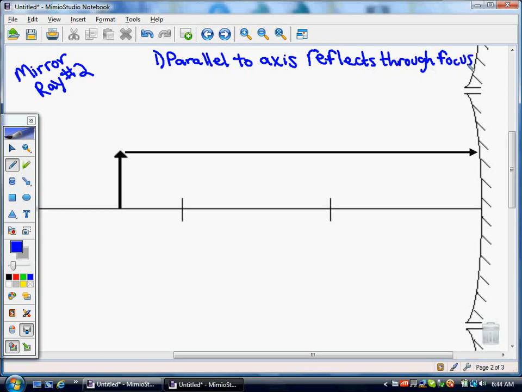So we take this ray and we're going to reflect it back through the focal point.